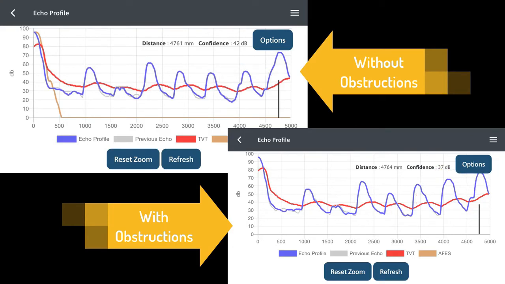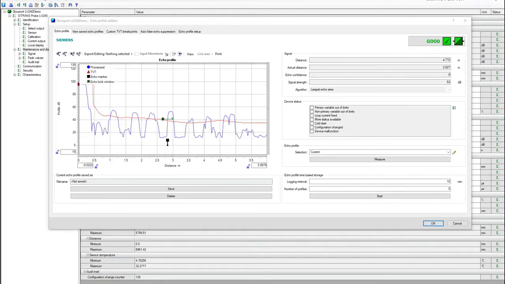You can see a slight attenuation in the confidence and a slight movement in the actual distance value, but considering what's been put in front of it, a 3 or 4 mil movement is absolutely fantastic, and at the moment this little radar's looking very, very good.